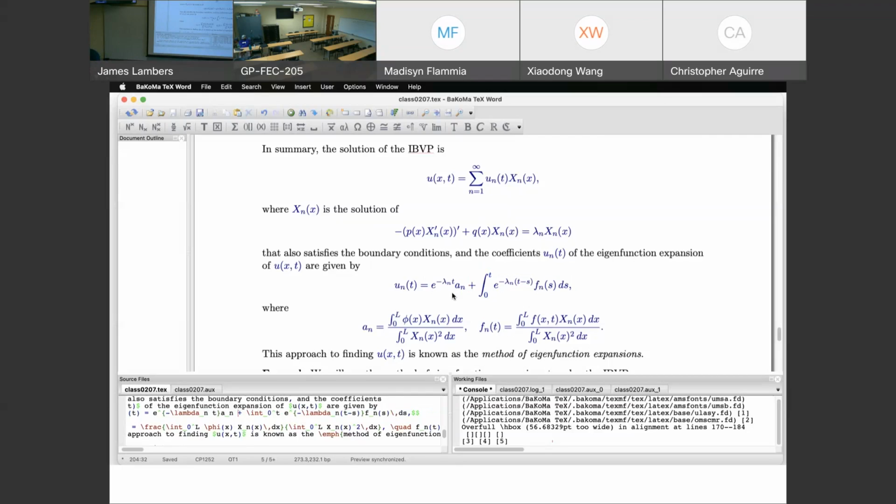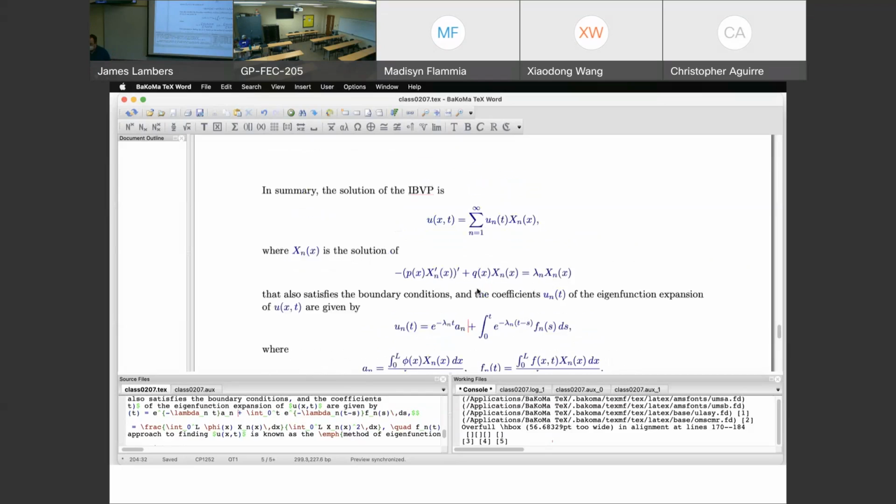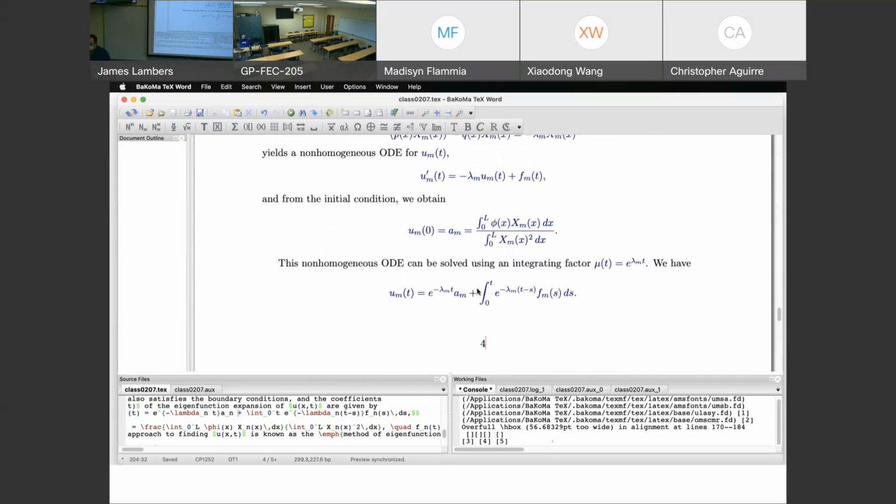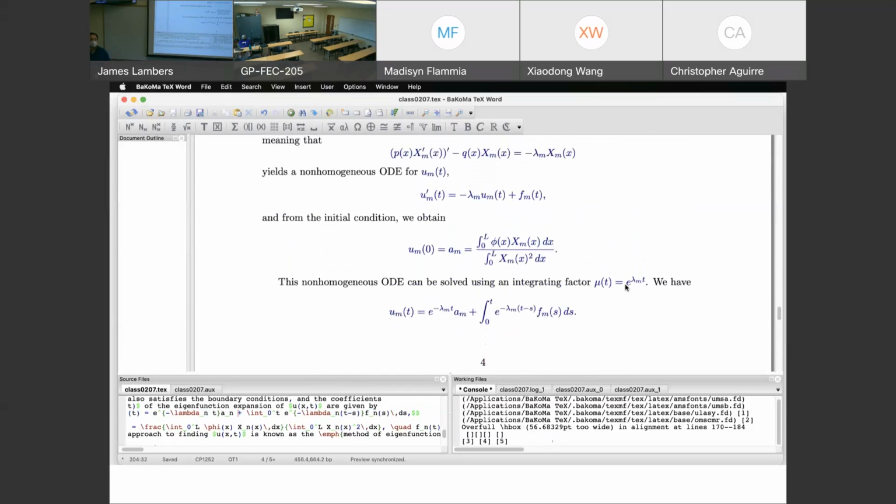Is that integral gotten by Laplace transform? Oh, no, it comes from, actually, go back to here. Yeah, we're using an integrating factor.